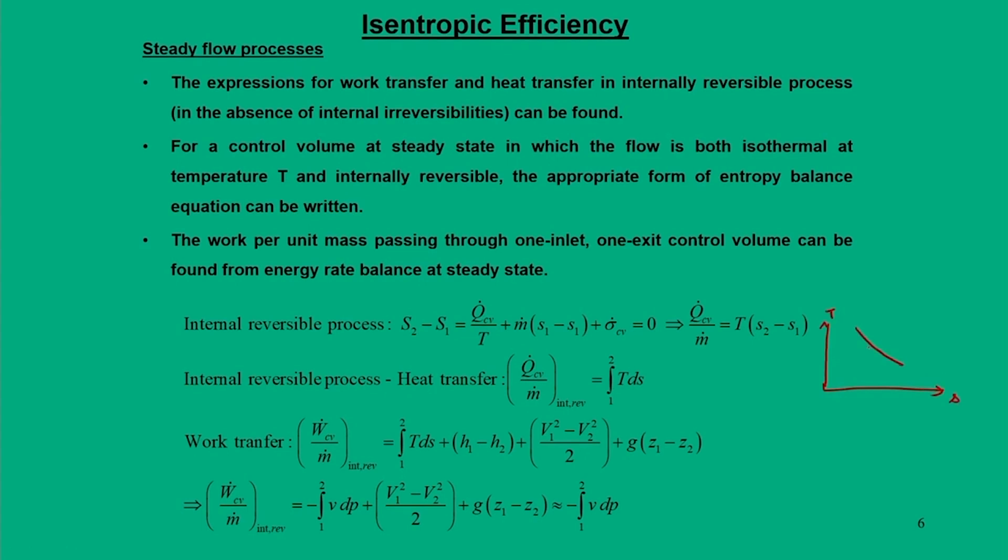when the process undergoes a change of state, the area under this curve represents the heat transfer. Similarly, in a PV diagram for an internally reversible process, when the system undergoes a change of state, this area represents the term VdP.